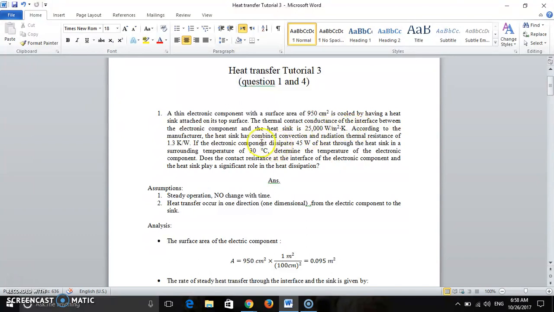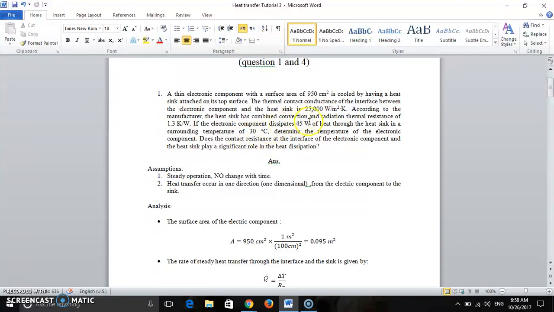Another resistance is that we have a convection and radiation after the interface, and the combination of convection and radiation is given to be 1.3 Kelvin per watt, and the heat transfer is 45 watts, and the surrounding temperature is 30 degrees Celsius. The objective of this question is to find the temperature of the electronic component.